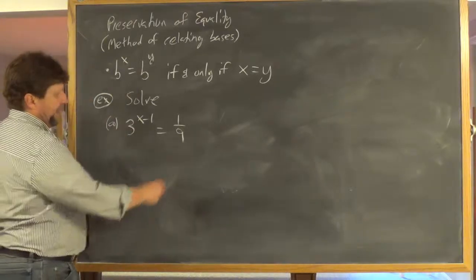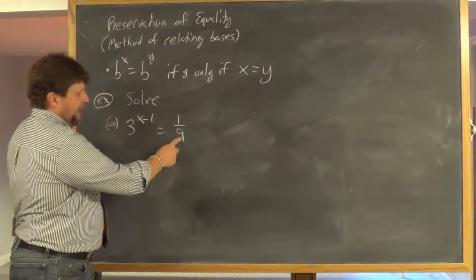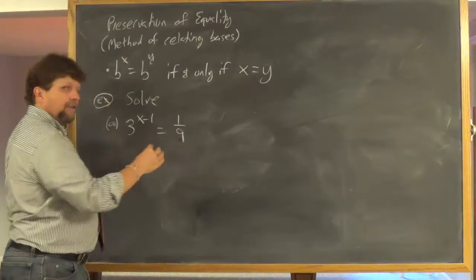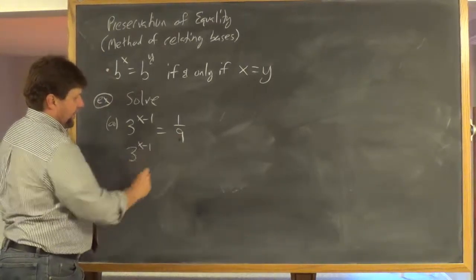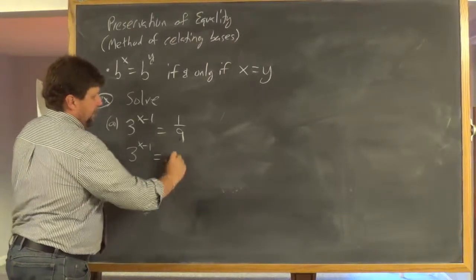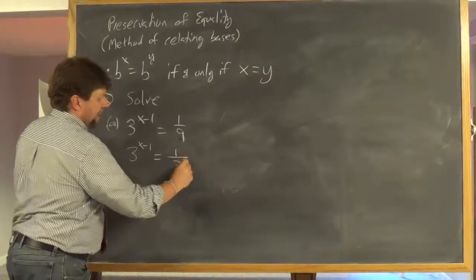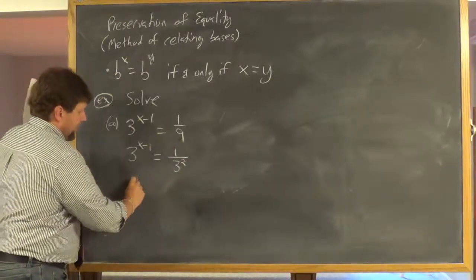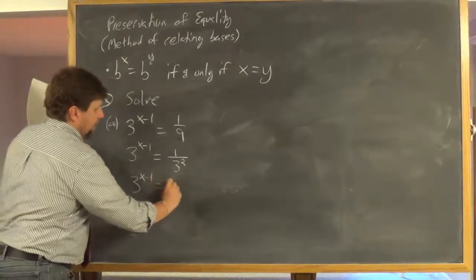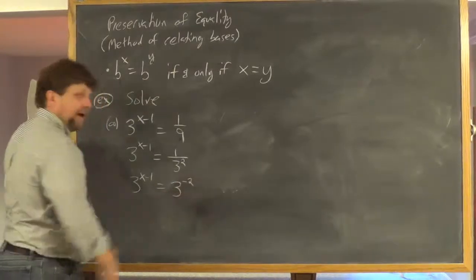And here's what I'm looking at. I'm looking at this 9. 9 is the same thing as 3 squared. So I could rewrite this as 3 to the x minus 1 equals 1 over 3 squared. Now 1 over 3 squared can be written as 3 to the negative 2nd power.